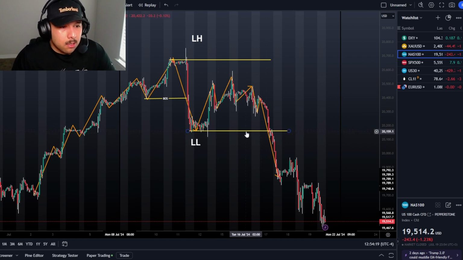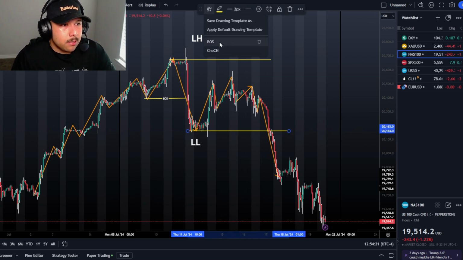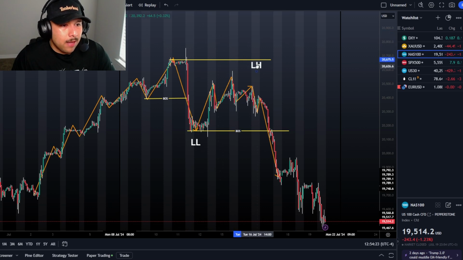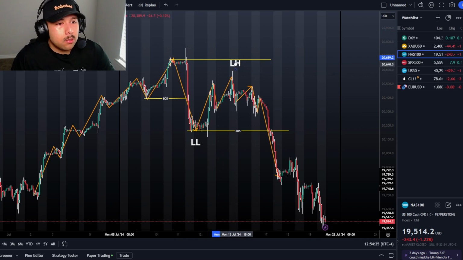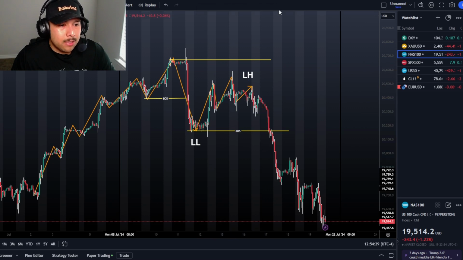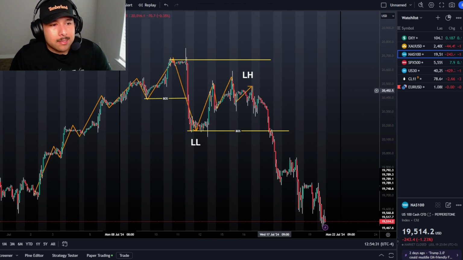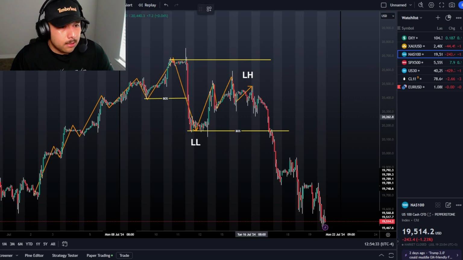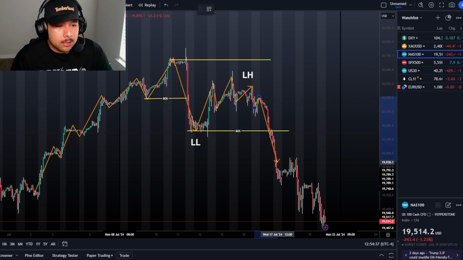Now that this has created a break of structure, this is a valid lower high. And which lower high would it be? Well, what was the last elbow that pushed and rallied the price down? As you can see, it created this elbow here and then completely broke the structure of the previous lower low. So this would technically be the lower high.